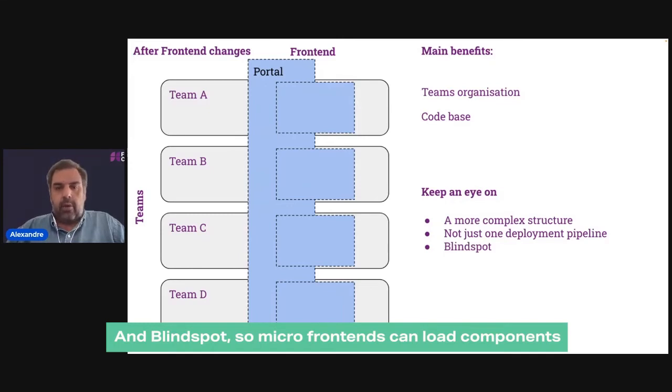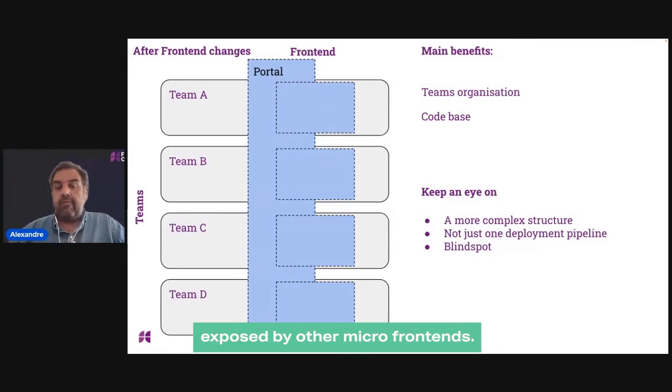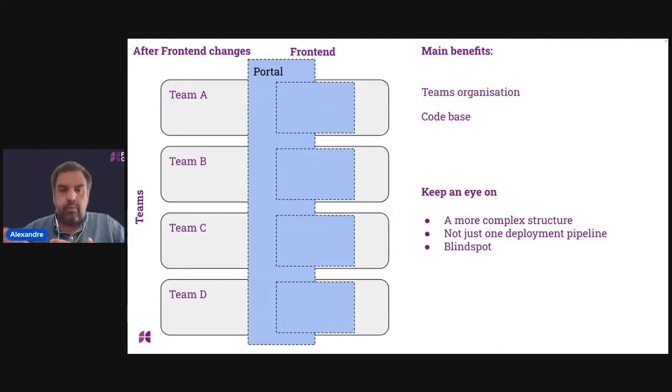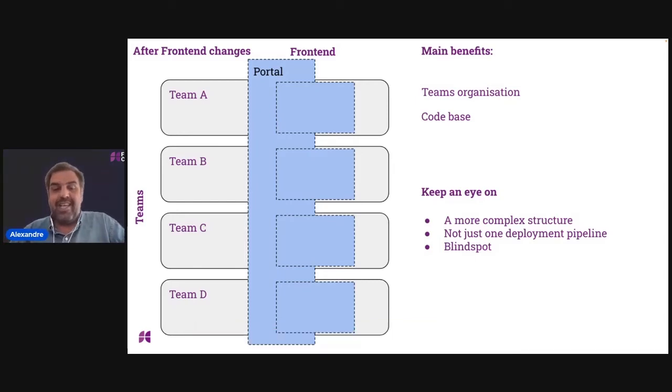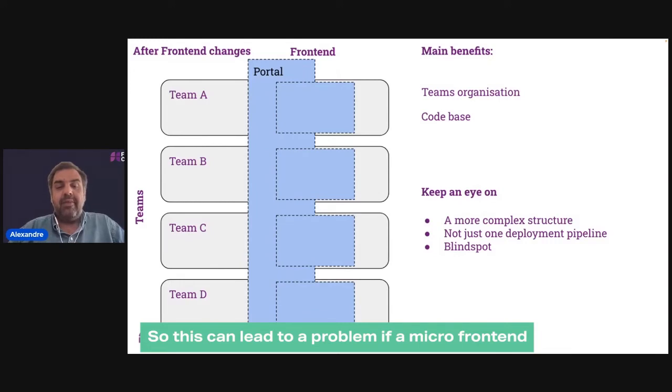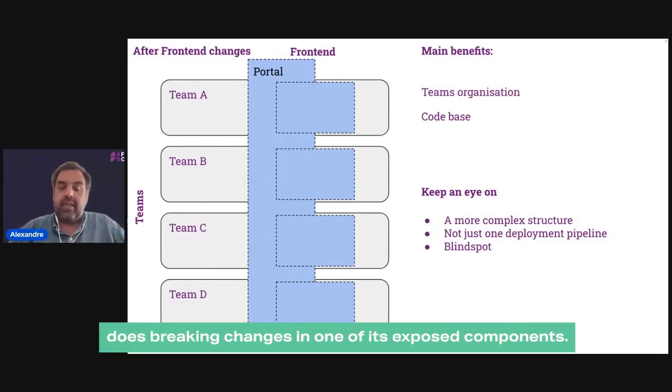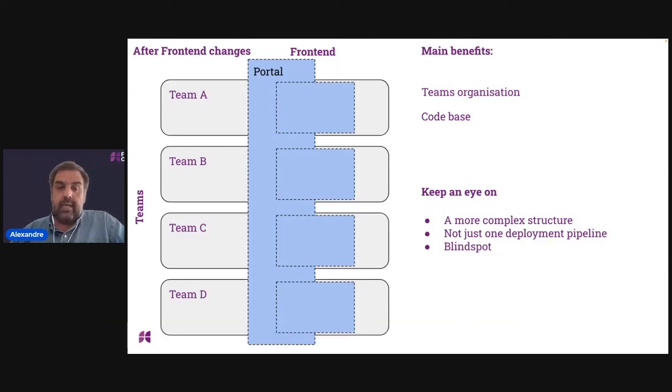And a blind spot. Micro frontends can load components exposed by other micro frontends, and there is no list of which micro frontends use which components exposed by which micro frontend. So this can lead to a problem if a micro frontend makes breaking changes in one of its exposed components.